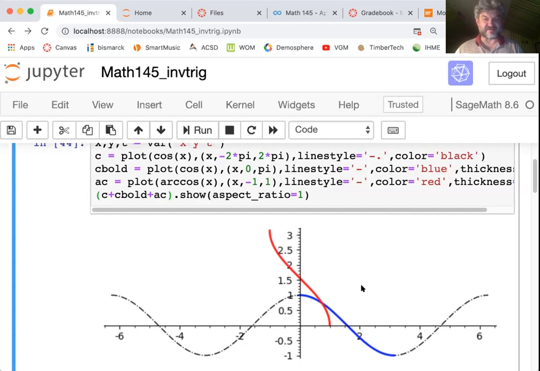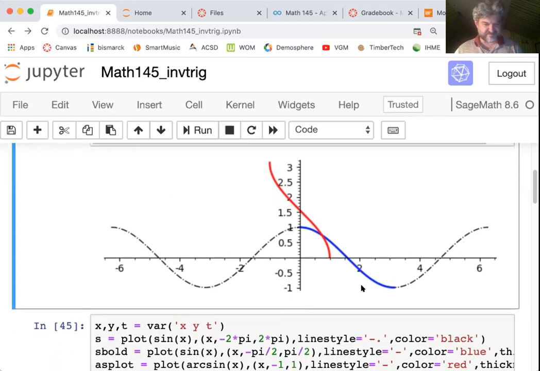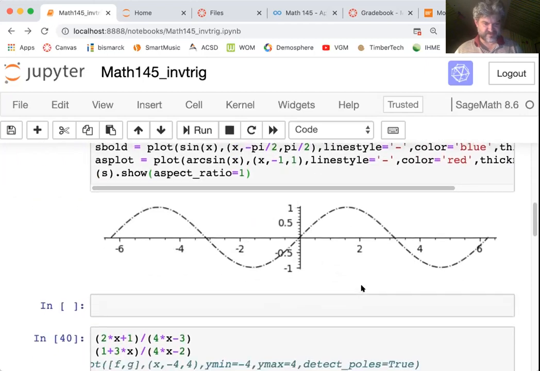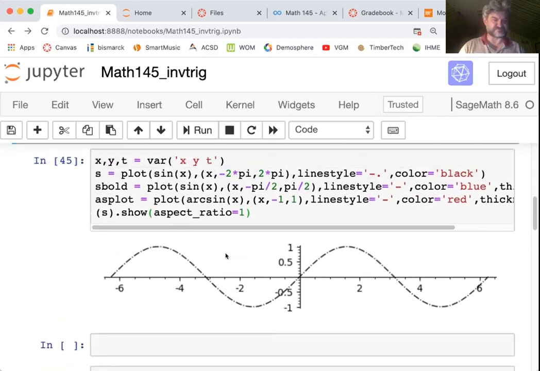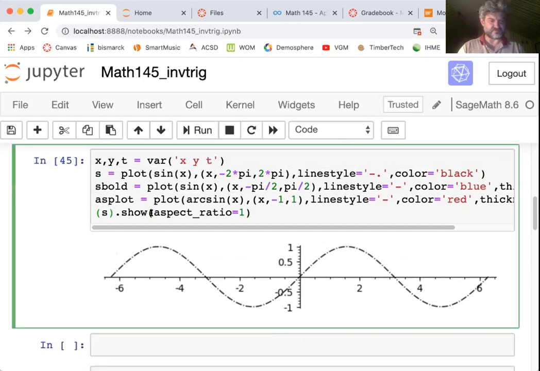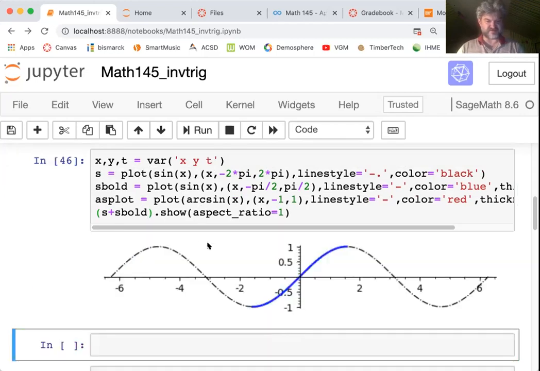And now we're going to play the same game with the sine, just so you've seen that once in your life. Here's the graph of the sine function. Then we pick a piece of it. And it's convenient to go from negative pi over 2 to positive pi over 2.